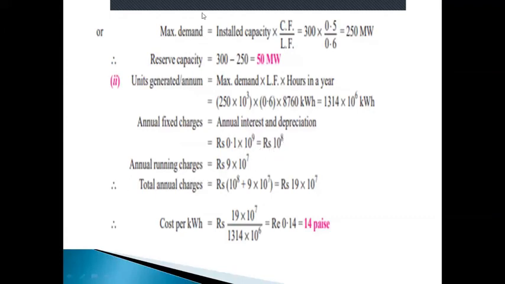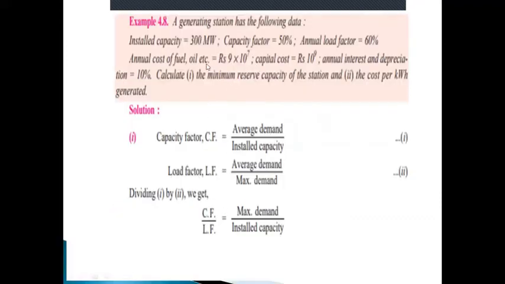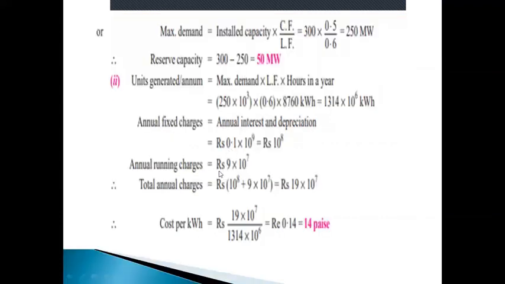Now similarly we have to calculate annual running charges. It is given directly in rupees. If it were given as a percentage of the initial cost, you would have had to calculate it, but it is directly given in rupees, 9 into 10 to the power 7. So directly you are taking it.